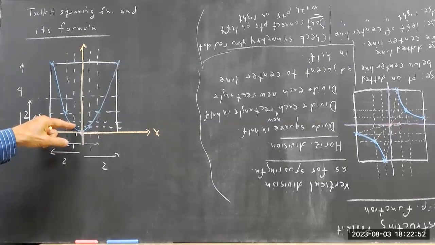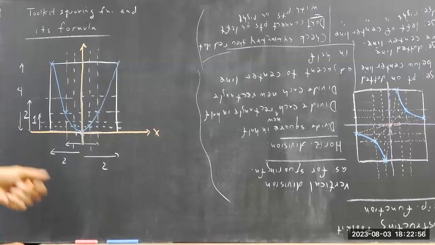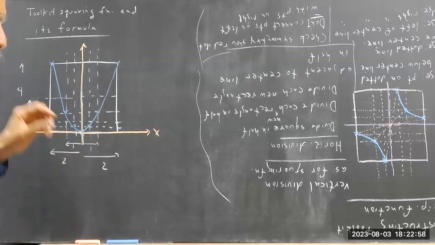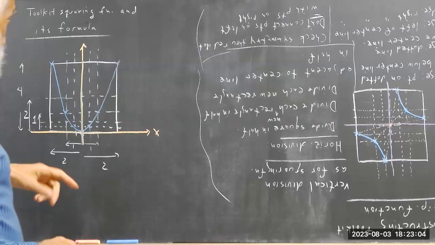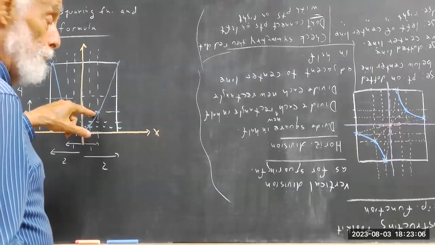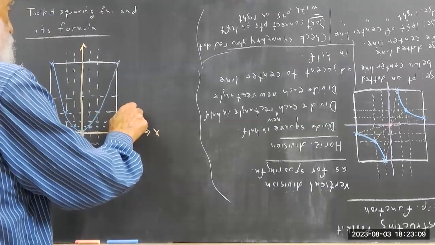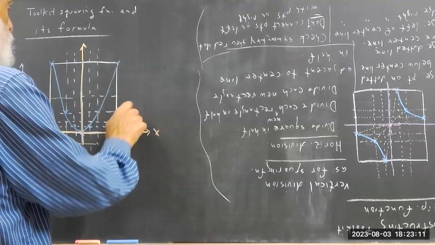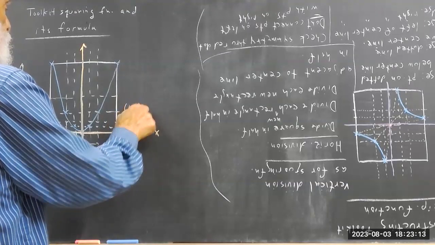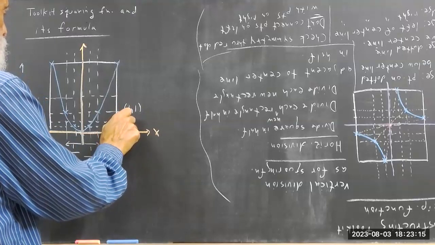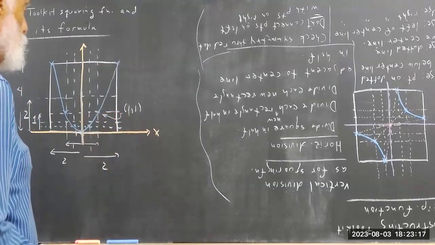How far is this point above the red dot? Well, you should figure that out. Okay. This means that the coordinates of this point have to be 1 and 1.